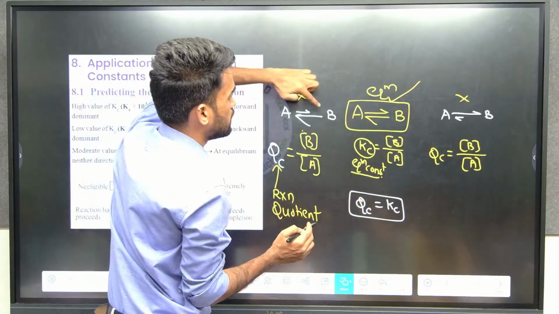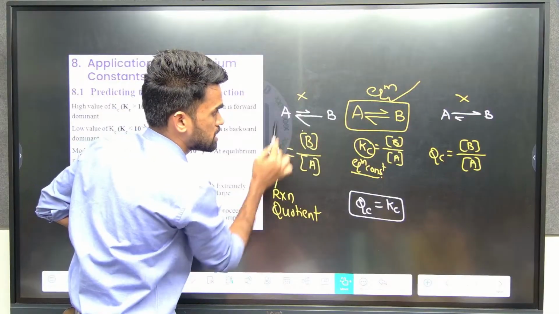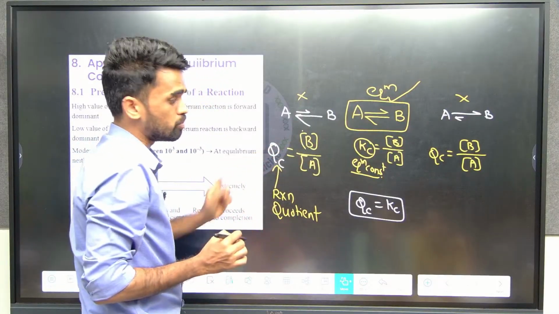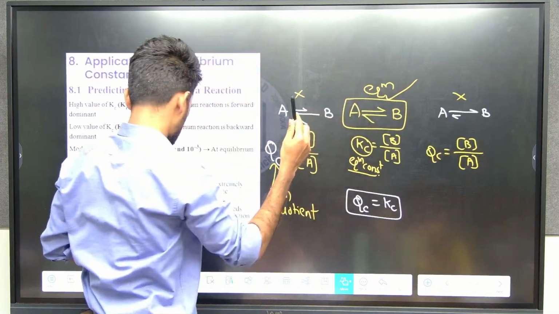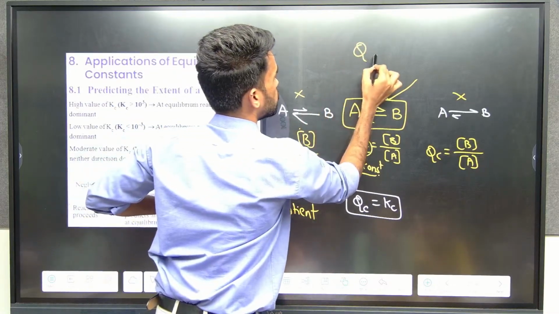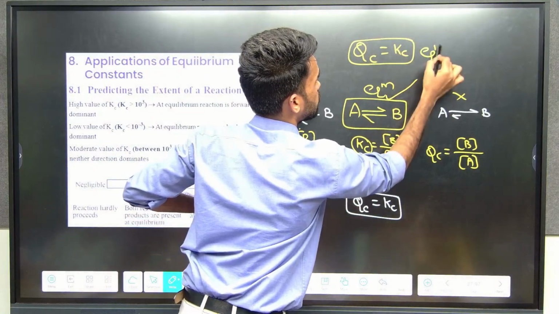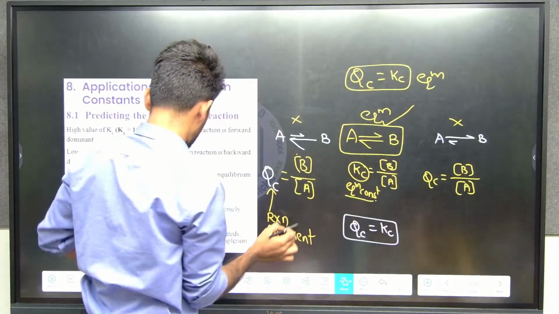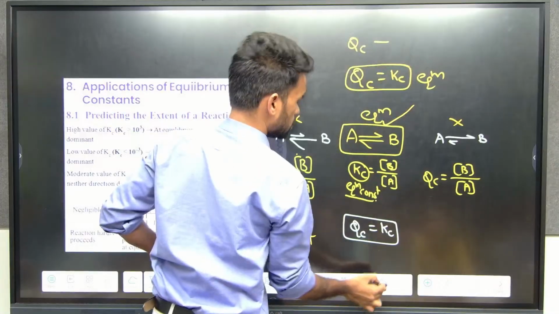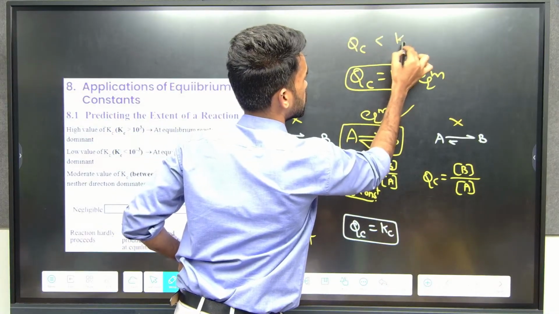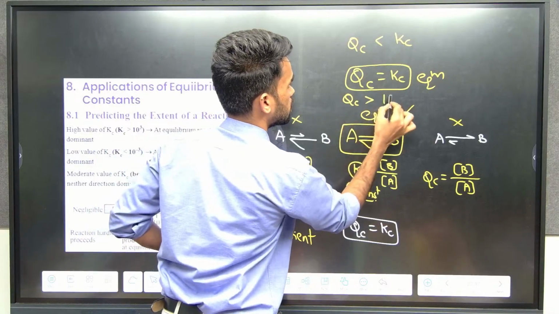So in order to attain this equilibrium condition in this reaction, which side should the equilibrium move, they will ask. I will tell you. Once again, listen here. Qc equals Kc, what is this state called? Equilibrium state. One more state I am writing: Qc is less than Kc, or Qc can be greater than Kc.